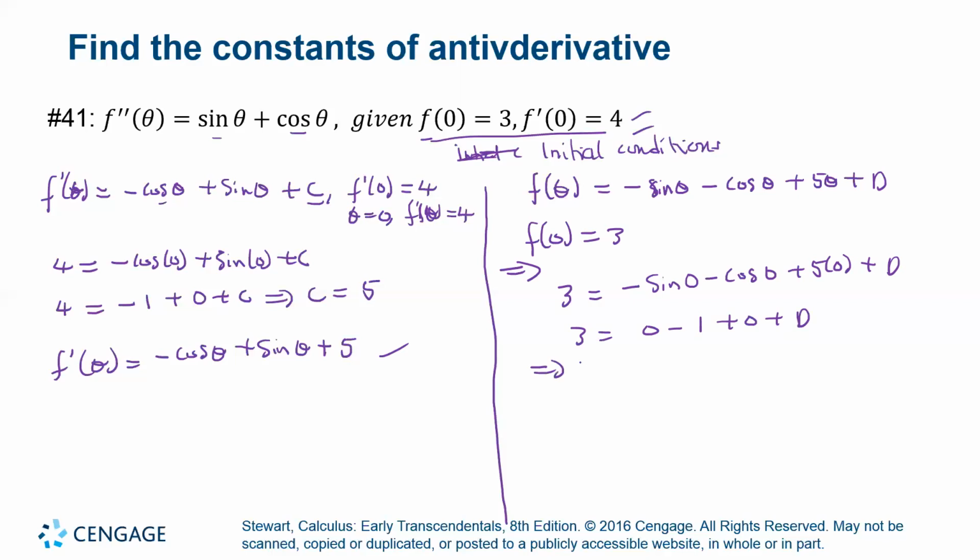And what is the value of d? d will be equal to 4. Therefore, f of theta is minus sine theta minus cosine theta plus 5 theta plus 4. This is what we would call the most general antiderivative.